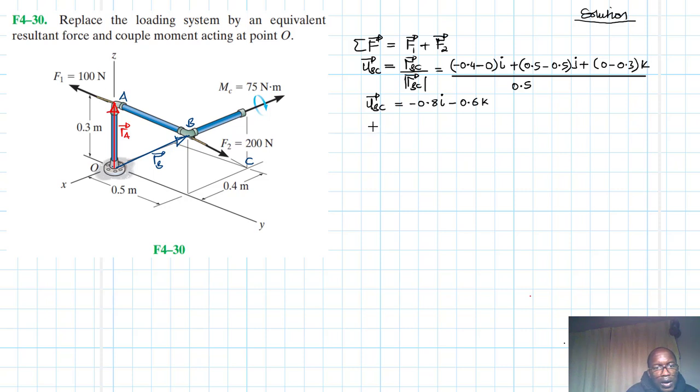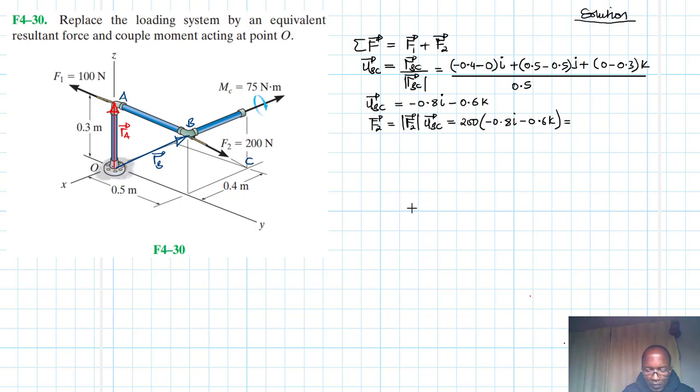Therefore, our force vector F2 is equal to the magnitude of F2 times the unit vector BC. So this becomes equal to 200 times this unit vector, minus 0.8 I minus 0.6k.